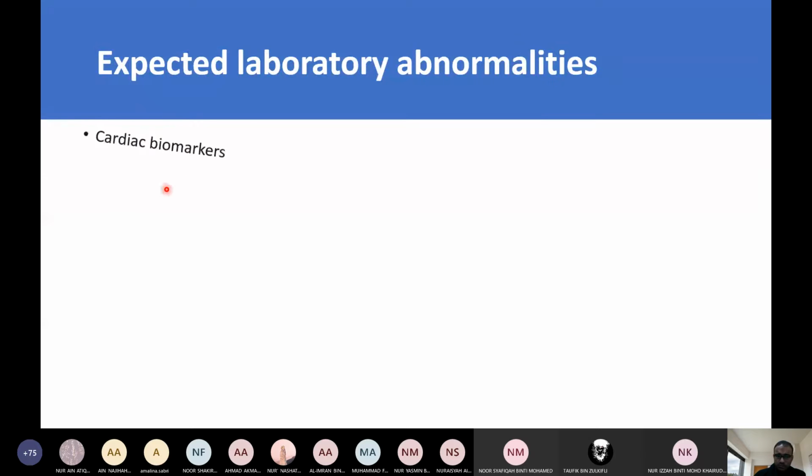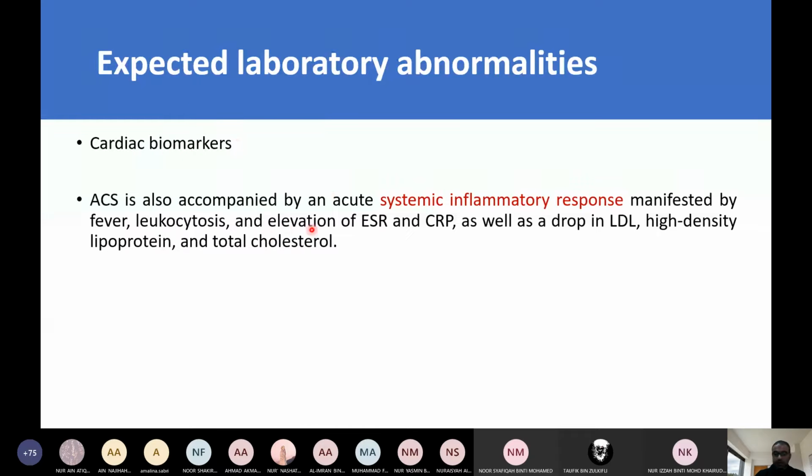So what do we expect in terms of laboratory abnormalities? Of course, we have heard in the past few minutes about cardiac biomarkers. The cardiac biomarkers will be one of the main laboratory abnormalities, used to differentiate between different types and to indicate whether tissue infarction is there or not.